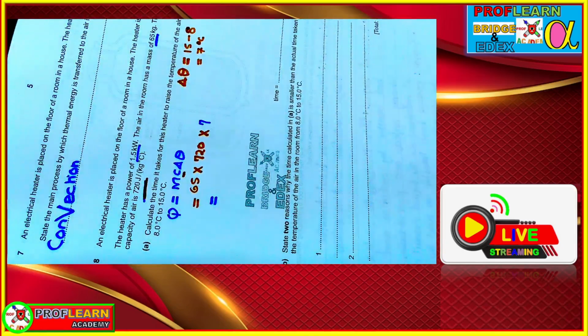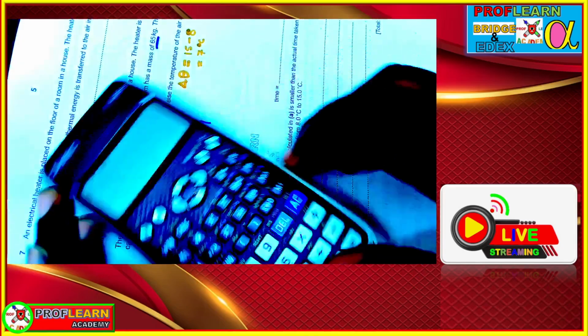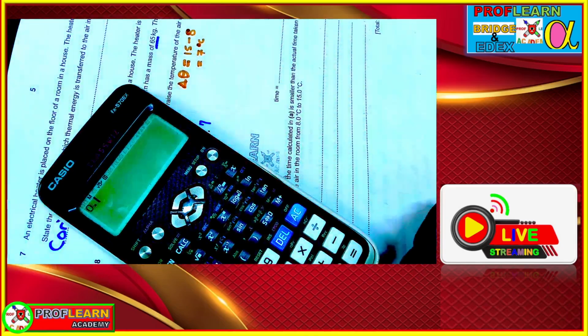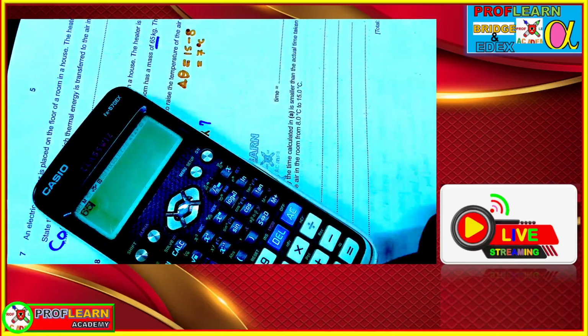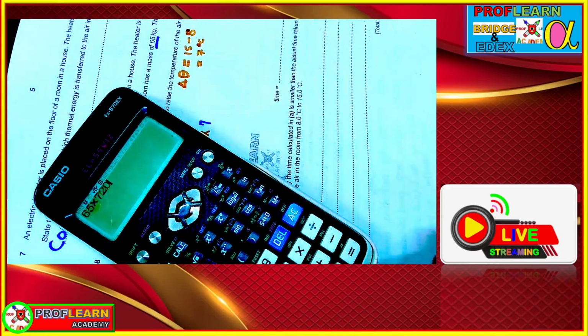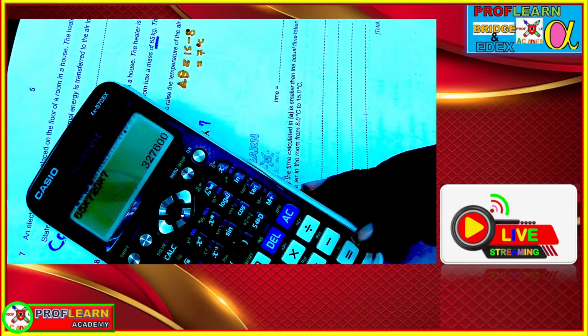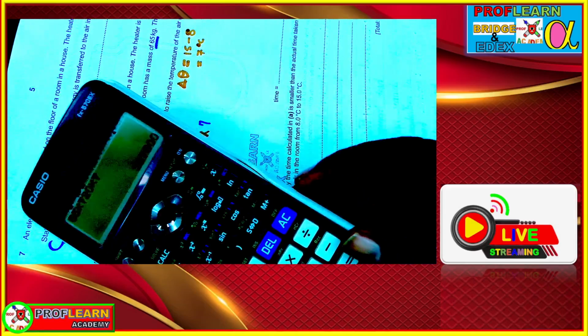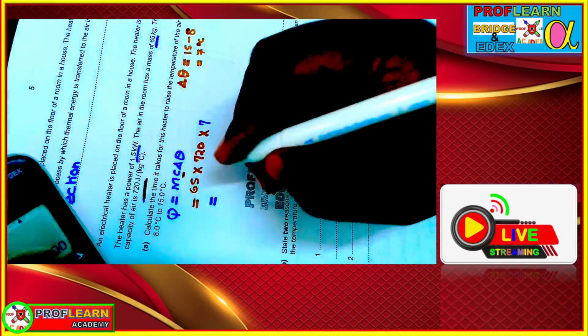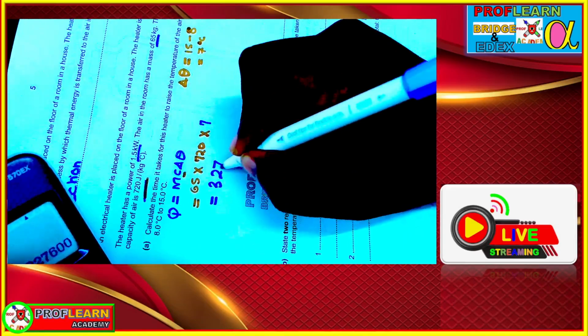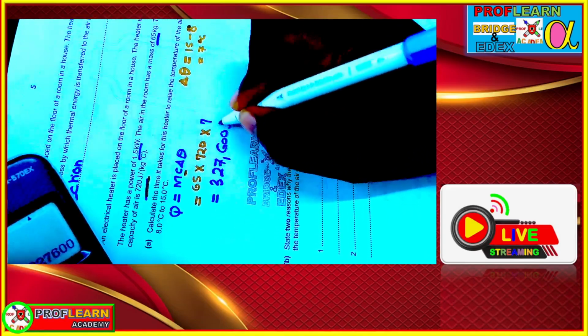So we have to pull this, and this is going to be 0.65 times 720 times 7, which is 327,600 joules.